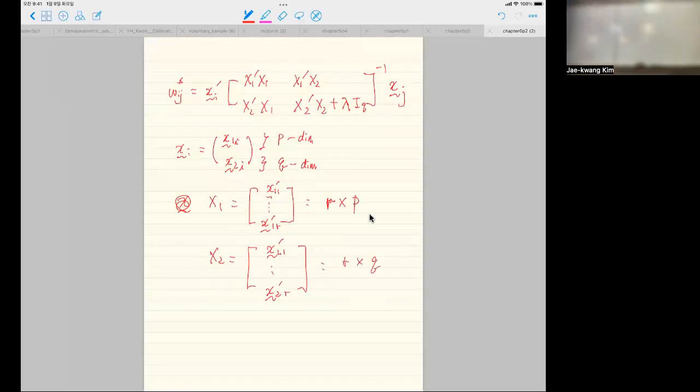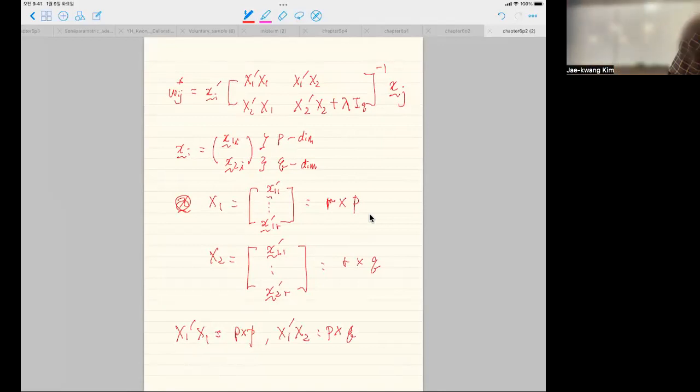I just make the design matrix for the respondents. Okay, and then X1 prime X1 is p by p, X1 prime X2 is p by q, right? That is basically what is going on.